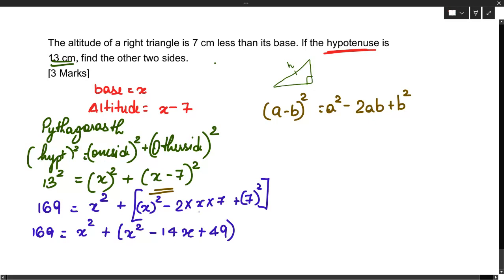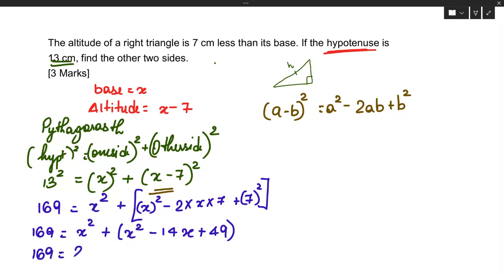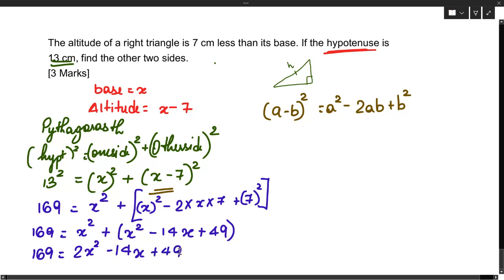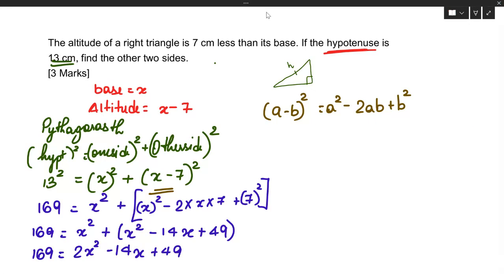Now once you open the bracket, you have 2x square. So 169 is equal to 2x square minus 14x plus 49. Correct. Now we can take the 169 to the other hand side. Let's do that.